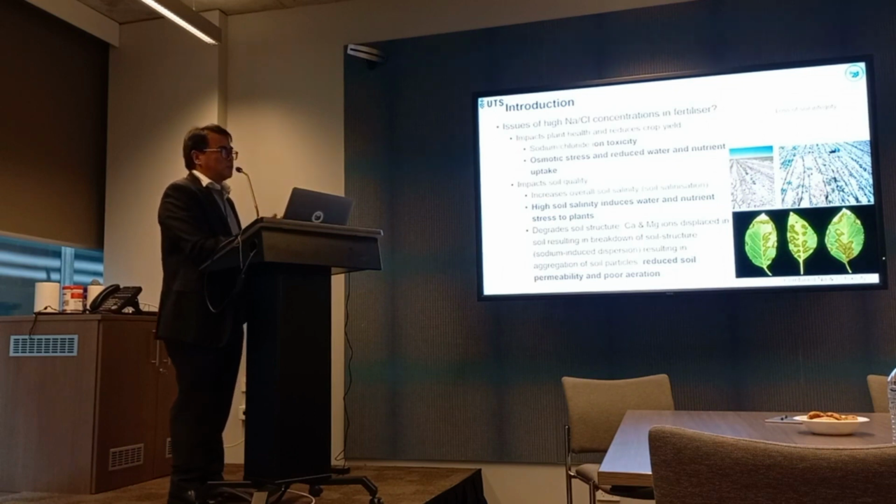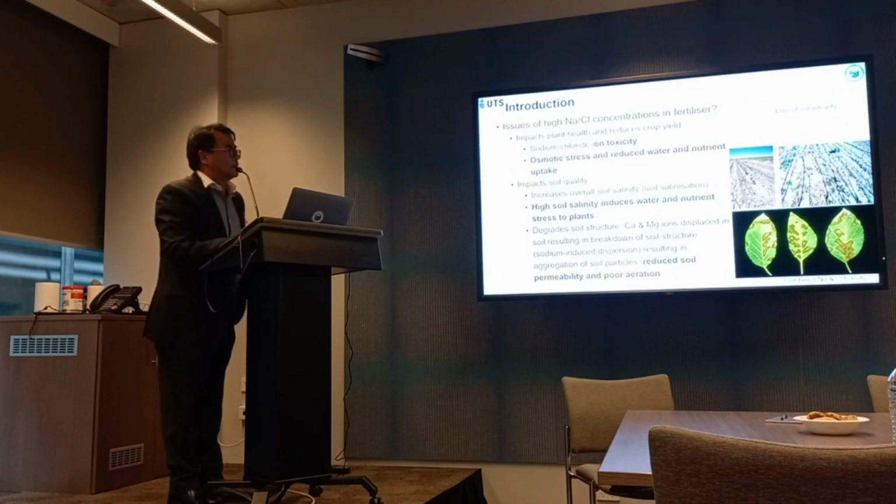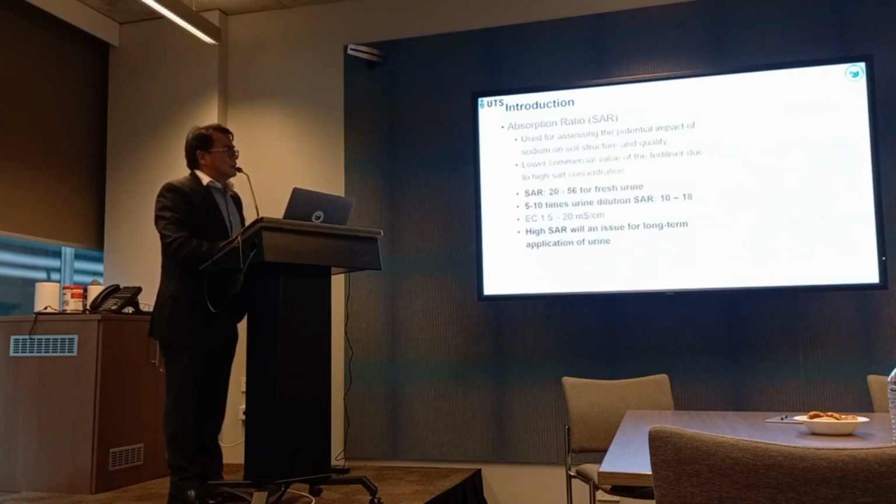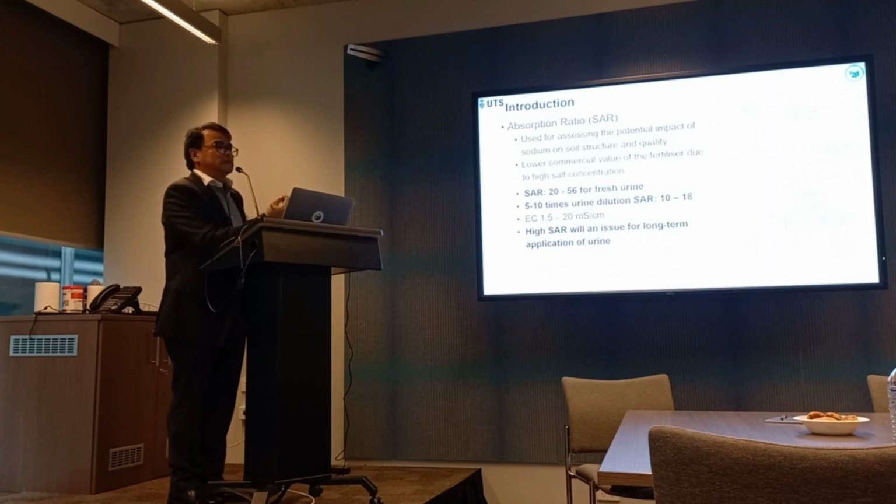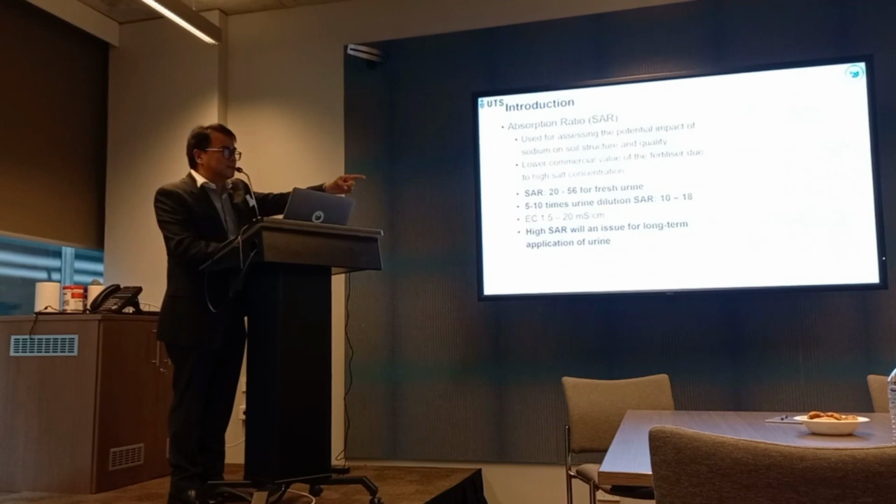These are some of the problems you can see from this picture: the sodium burn you can see in the leaves, because of the excess of sodium in the soil. One way of measuring water quality for irrigation is the sodium absorption ratio, which is a relative concentration of sodium, as you can see from the equation.